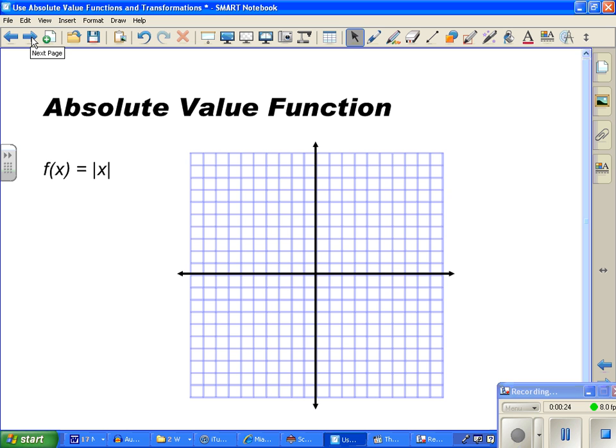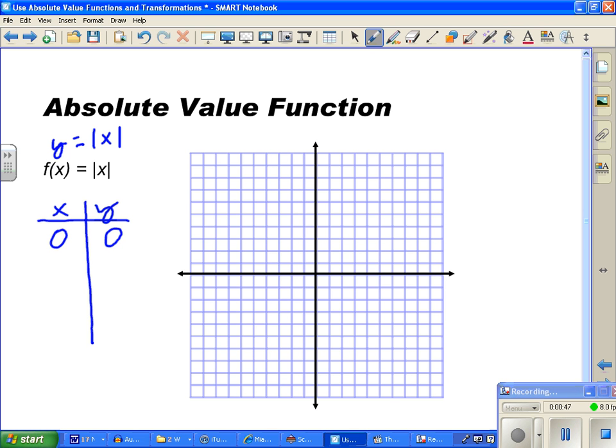Absolute value function. Let's just go through the basic graph. I want to t-table this so you can see exactly why this happens. In a t-table, we start plugging in numbers. Let's plug in 0. And remember, f of x is just treated as y. So basically, y equals the absolute value of x. If I plug in 0 for x, the absolute value of 0 is 0.